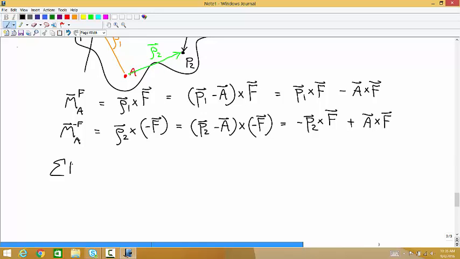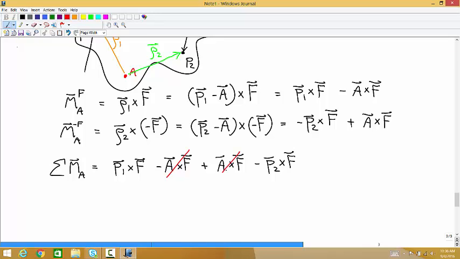The sum of the moments about A is equal to P1 cross F minus A cross F plus A cross F minus P2 cross F. These two are equal and opposite, and those cancel out.